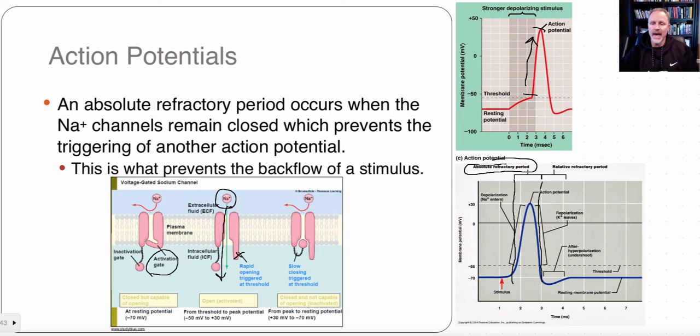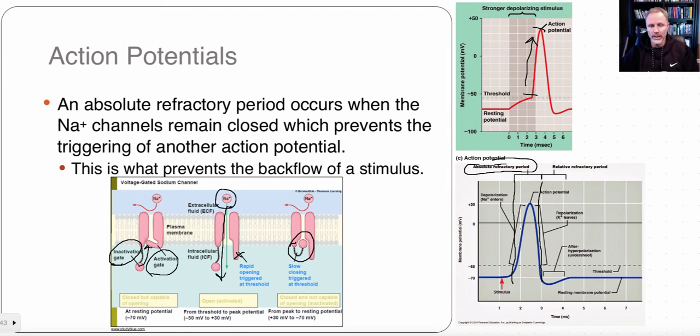And then during this absolute refractory period, you have this inactivation gate that you see right here, okay? And this is going to move up into this position right here. Now it's acting like a plug in a drain, and it's not allowing the sodium ions to move. Now there's no stimulus at all that can cause an action potential.